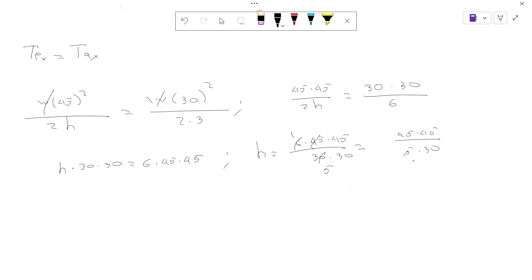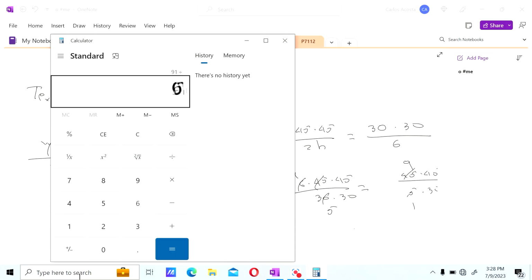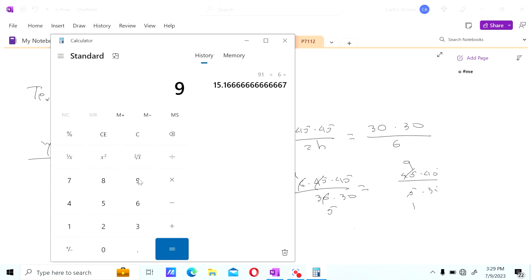Oh, I didn't. I said that this is 1 and this is 9. 9 times 5, 45. So this is 9 times 45 divided by 30. And this is 9, and this is 6 times 5 is 30. 9 times 9 equals 81.